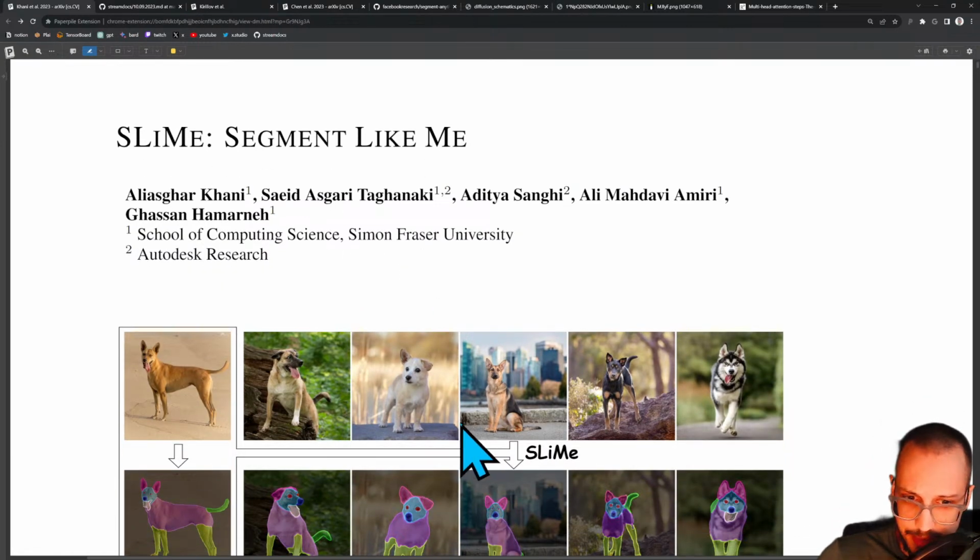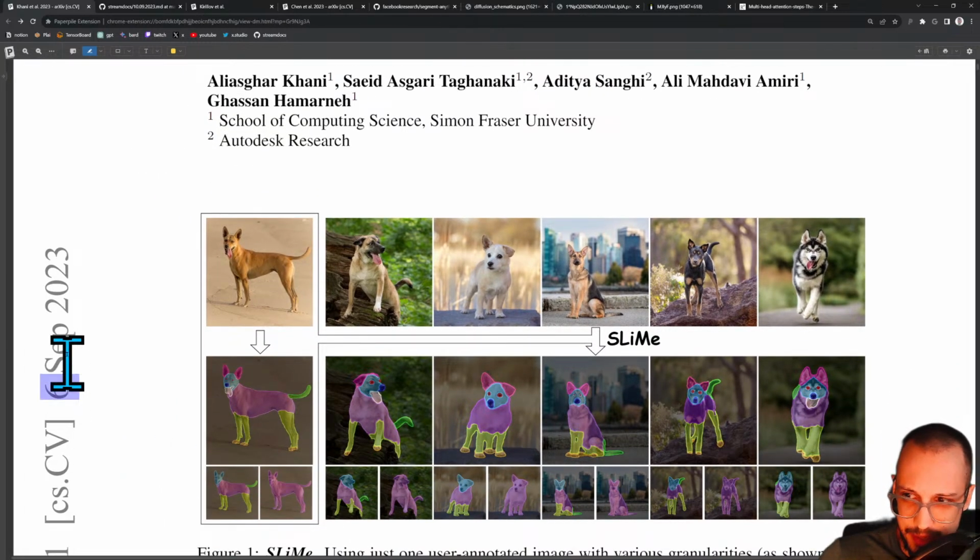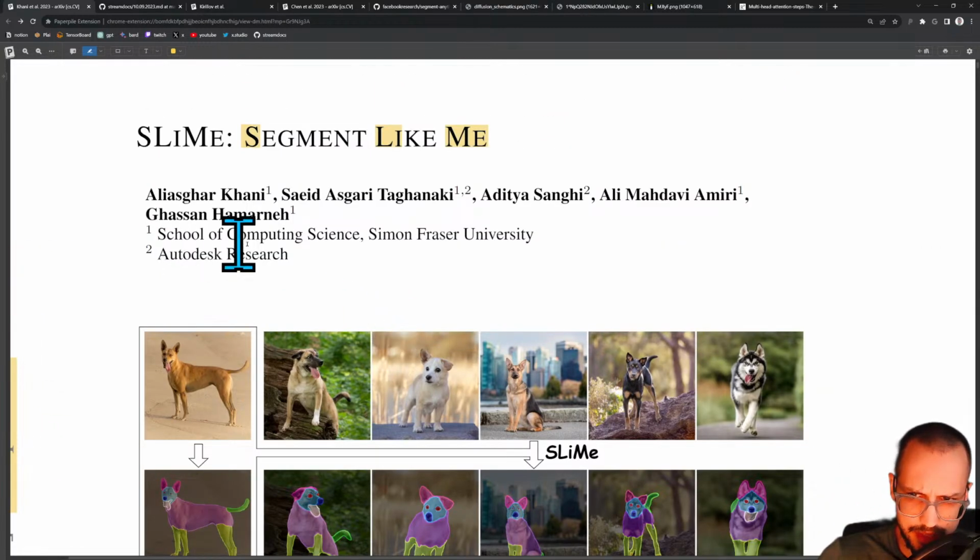And this is the paper. It's called SLiME, Segment Like Me, for segment and then like and then me. Kind of a weird name, but we'll go there. 6 September 2023, so relatively recent paper. And then also it comes out of, I've never heard of Simon Fraser University. Autodesk is the company that makes a bunch of computer-aided design tools.